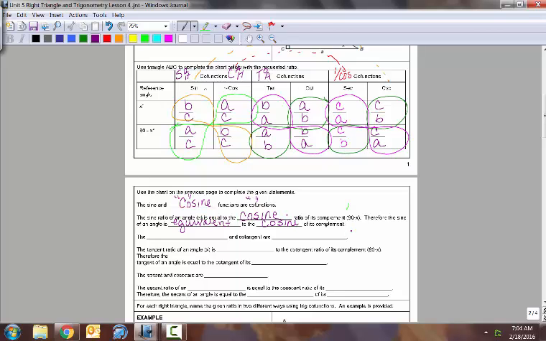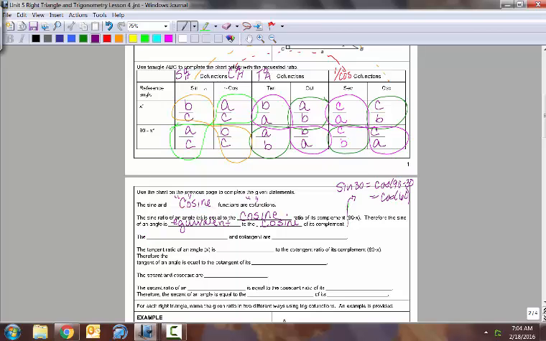So if we just write this down using numbers, the sine of 30 is equal to the cosine of 90 minus 30. Or we could rewrite that as the cosine of 60.